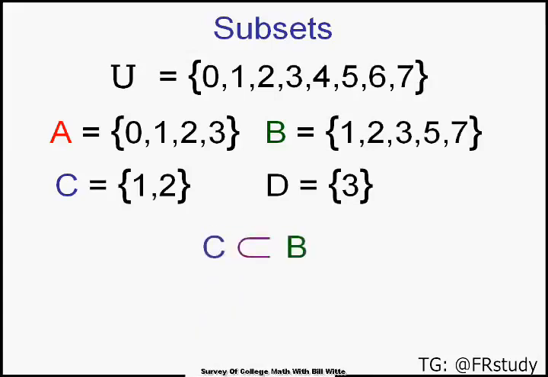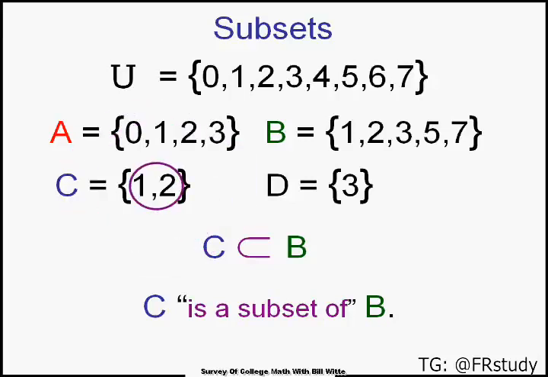So we would say set C is a subset of set B. And as you can see, the 1 and the 2 are totally inside of B. So C is contained in B, or C is a subset of B.